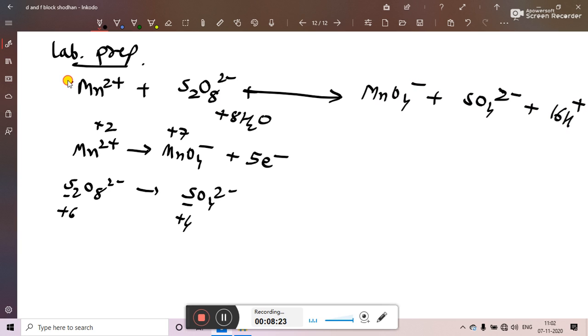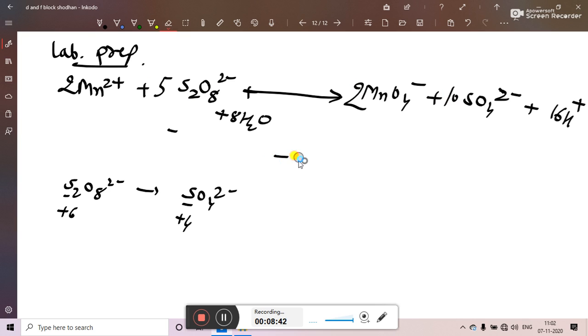Here we are having 2 times Mn2 plus, so here we will be having 2 times MnO4 minus. And if we take 5 times persulfate ion, the number of sulfur is 5 times 2 is 10, so it will be 10 times SO4 2 minus. So this is the balanced equation for the laboratory preparation of KMnO4. So manganese salt treated with persulfate ion in the aqueous solution produces permanganate ion plus sulfate ion plus H plus.